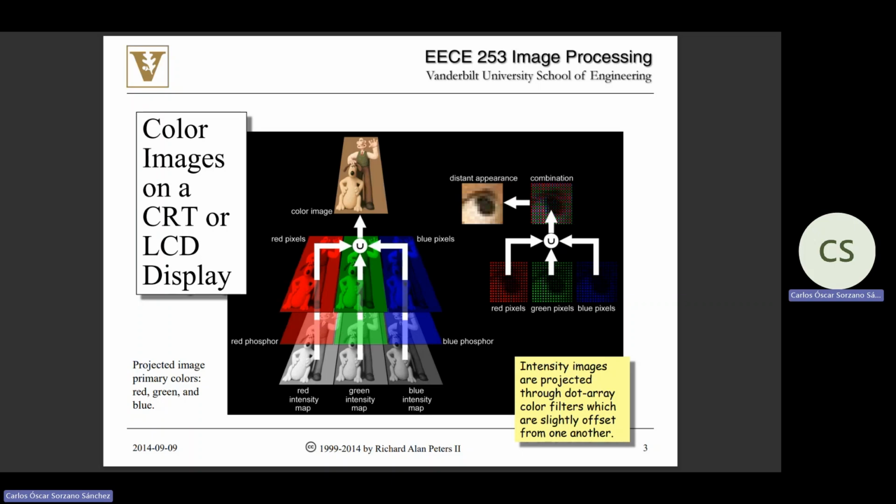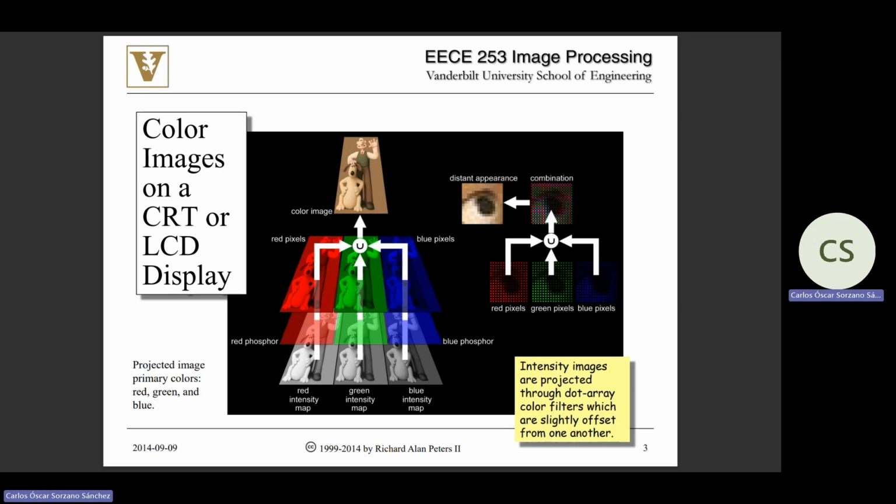These red, green, and blue channels, when they are displayed, exploit explicitly this channel structure. It is very common in display devices, like cathode ray tubes or LCD, that you have three arrays of LEDs.